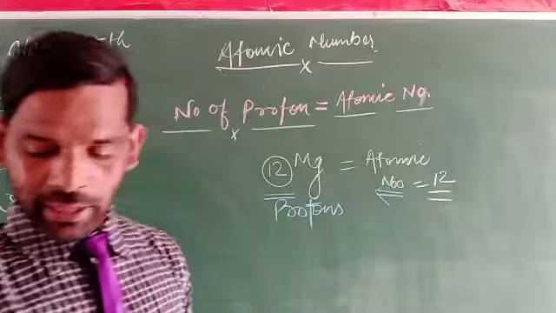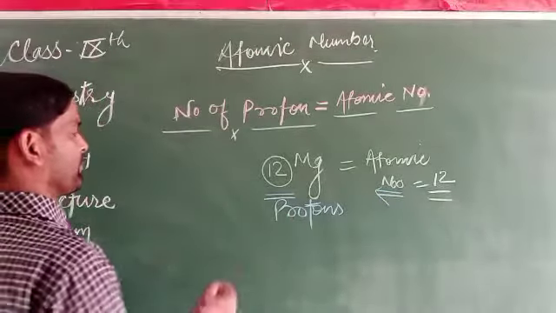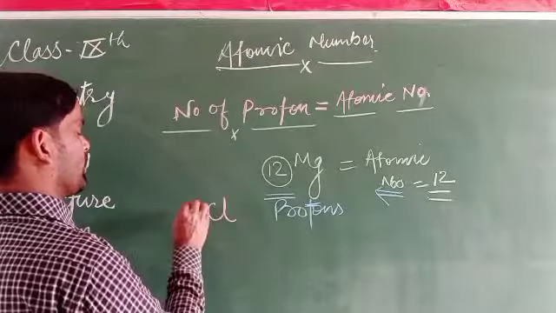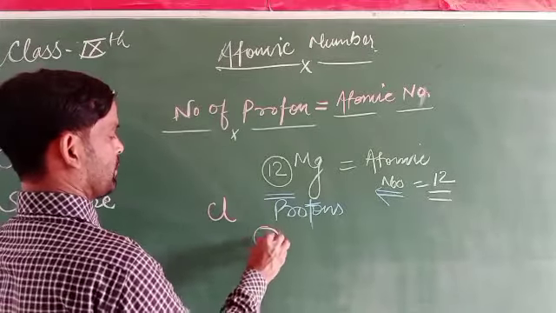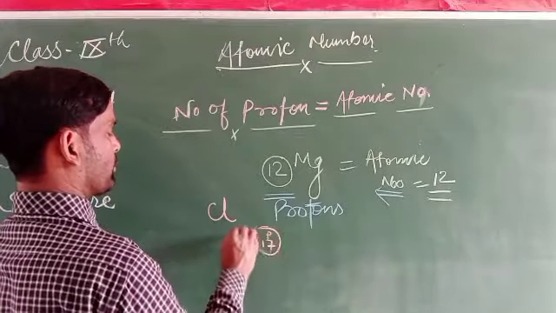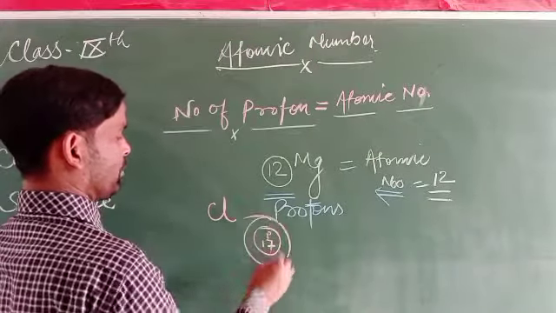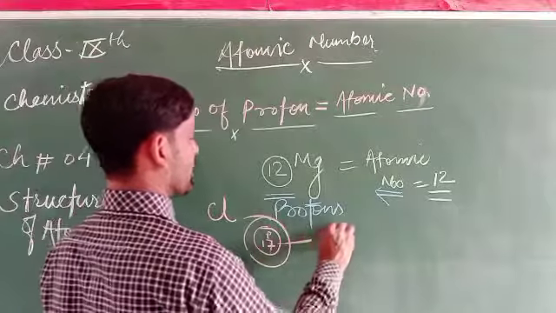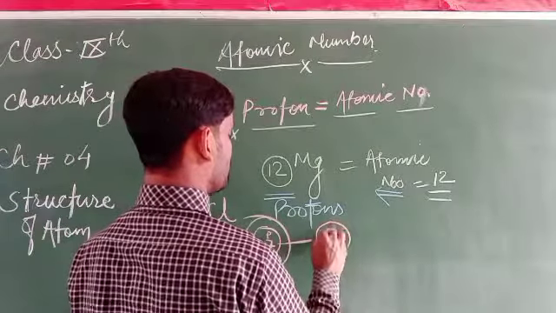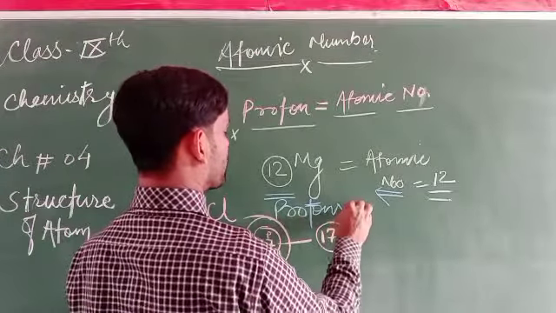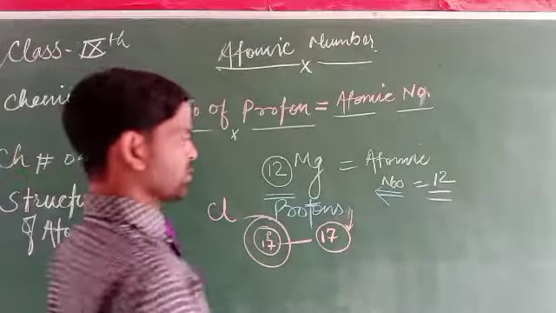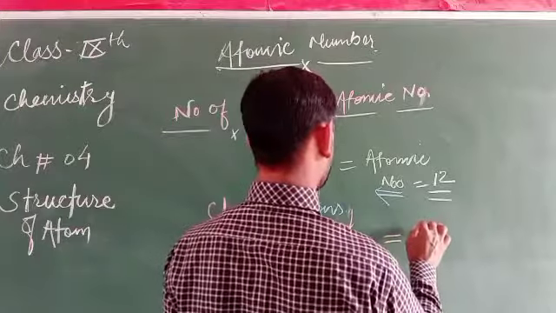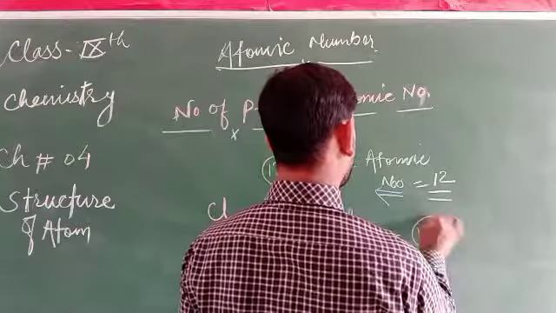In other cases, like in case of chlorine, there are 17 protons. So 17 is what actually? It is the number of protons. 17 is the number of protons, so it is the atomic number of chlorine.